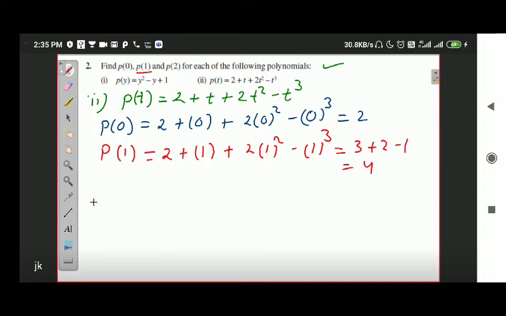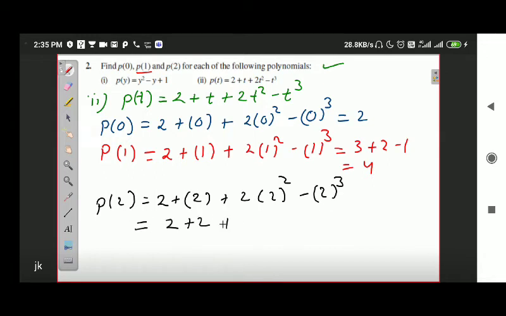And lastly, for p(2), we write 2 plus 2 plus 2 into 2 square minus 2 cube. So this is 2 plus 2 plus 8 minus 8. This will be 4. So these are the values of the polynomial at different values of the variable. We put different values of the variable as instructed in the question, and we found 3 different values of the polynomial.